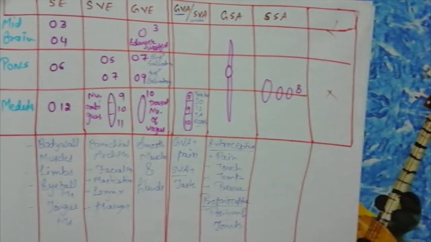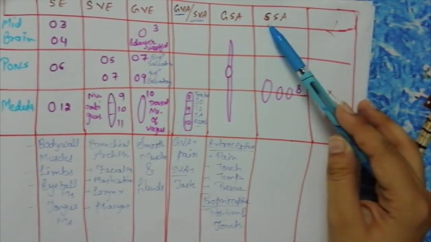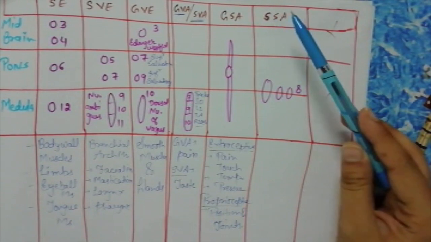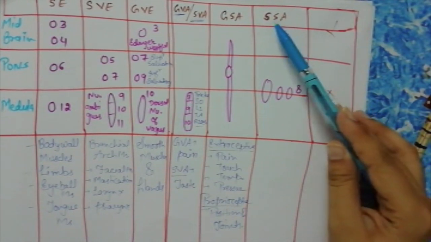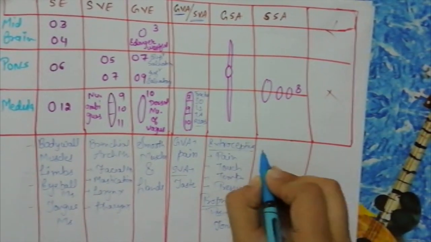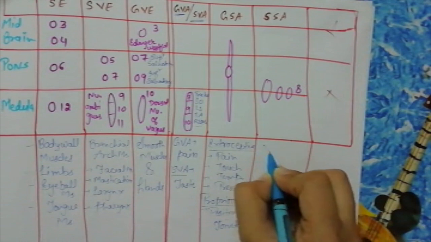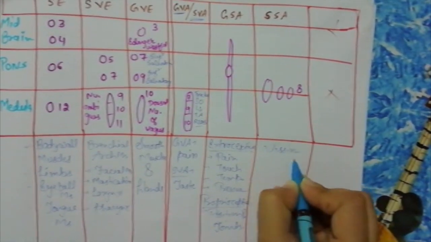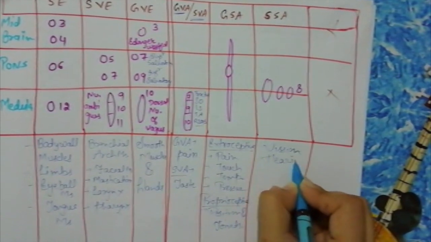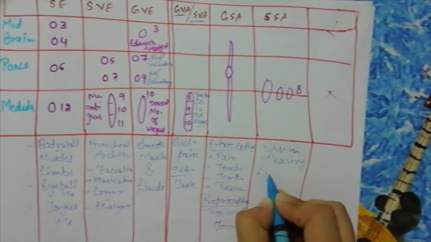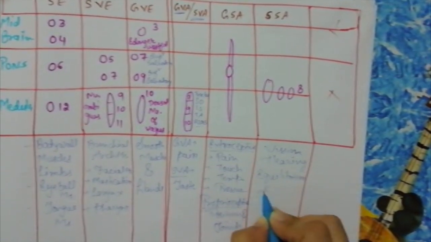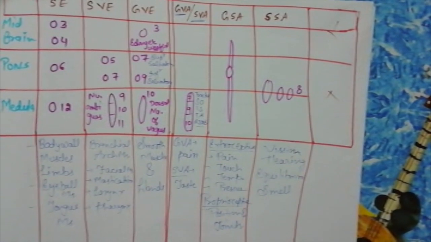And the SSA or the special somatic afferent. These are for the vision, hearing, equilibrium and smell.